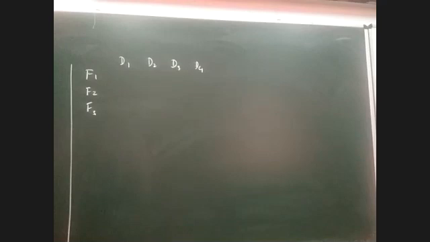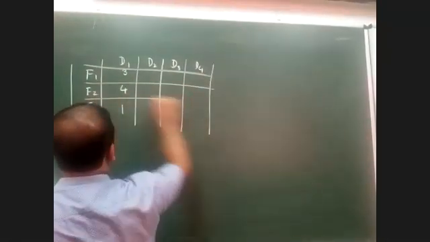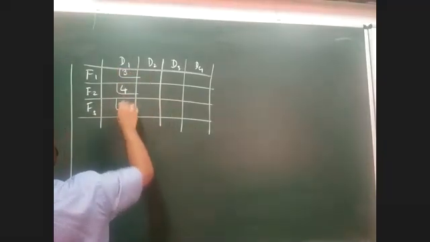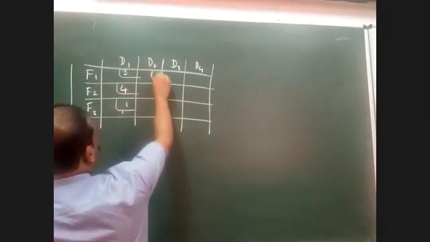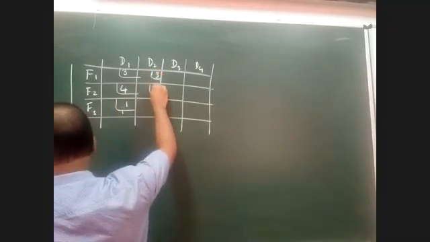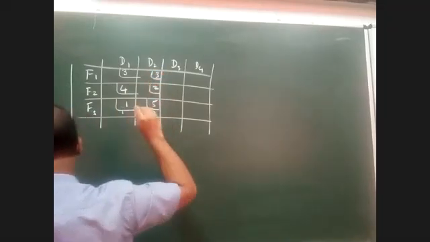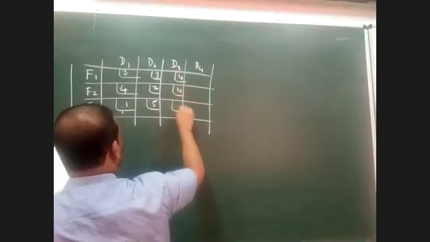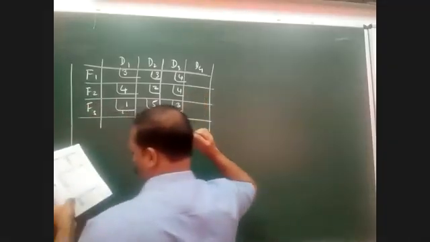Let me write down the values in the first column. This is 3, 4, and 1. Let me write the values directly in the template so that I don't have to rewrite it again. So this is the first, second, and third. Then we have 3, the second value is 2, and it is 5. Then it is 4, again 4, and then 3.